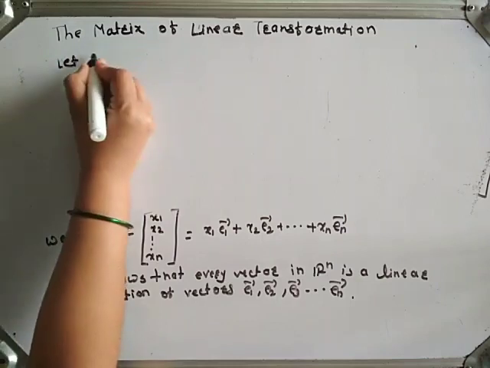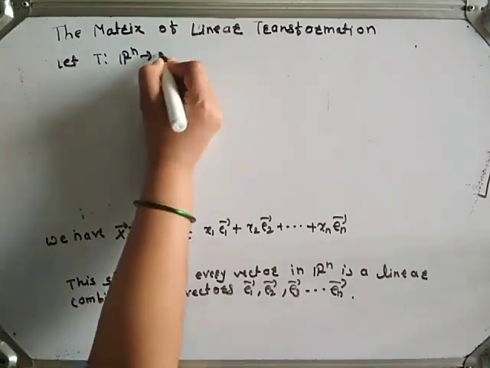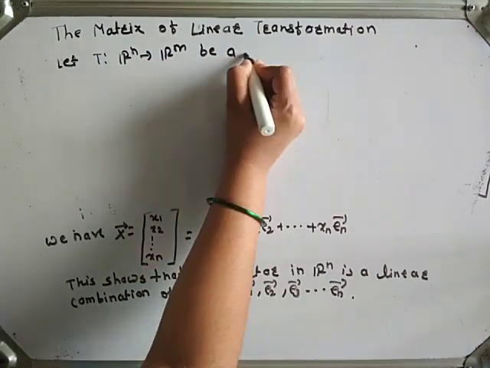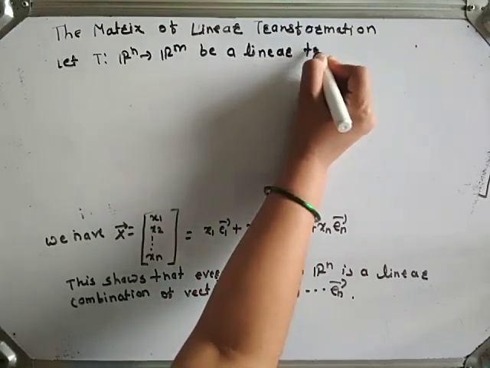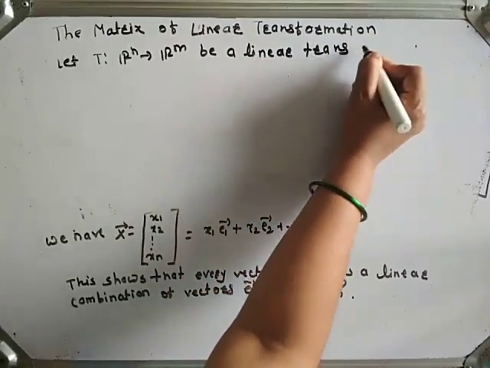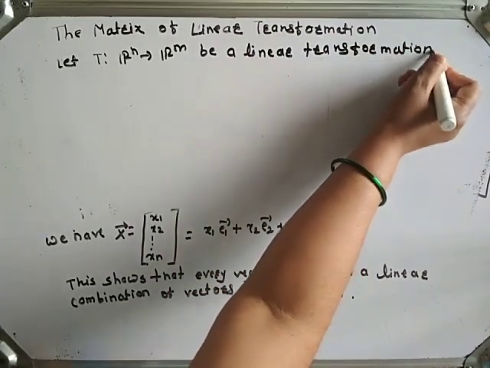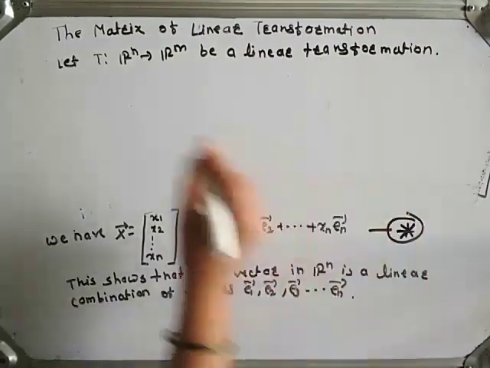Let T from Rn to Rn be a linear transformation. Call this equation number star.